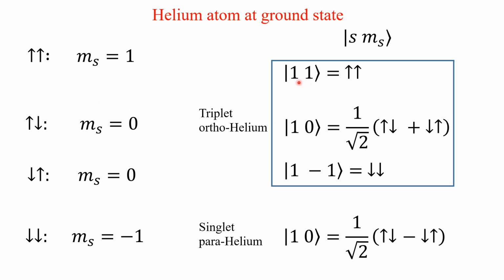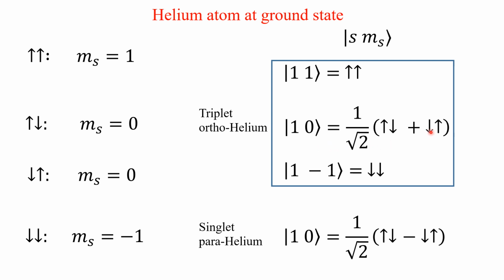Now you come to this. The parameters I have written in the blue colored rectangular box. In the first case, S is 1. Of course, in all four cases, S is 1. In this case, ms is also 1, both are up. Then here ms is 0. There are two possibilities: one spin up and spin down, the other spin down and spin up.